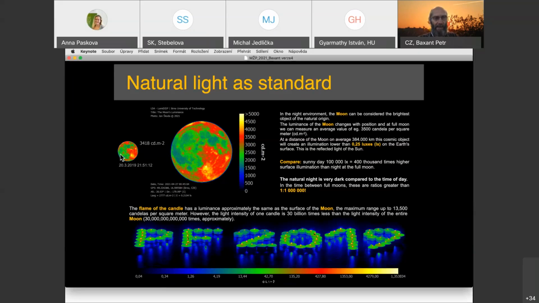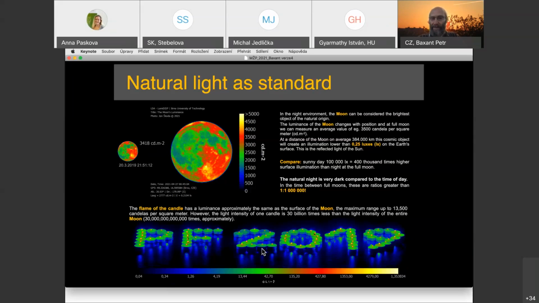For example, in this case the average luminance was 3,418 candelas per square meter, and in this condition the same full moon but in a different position was only 2,777 candela per square meter.